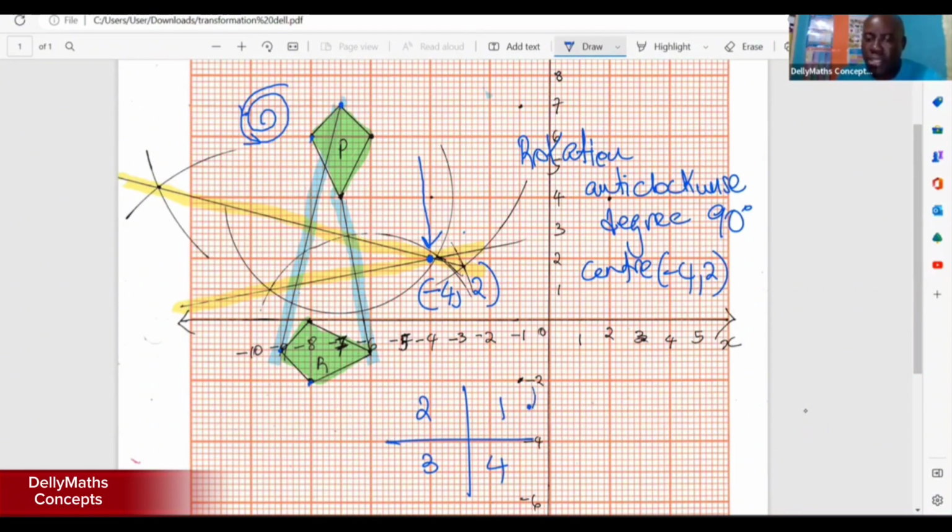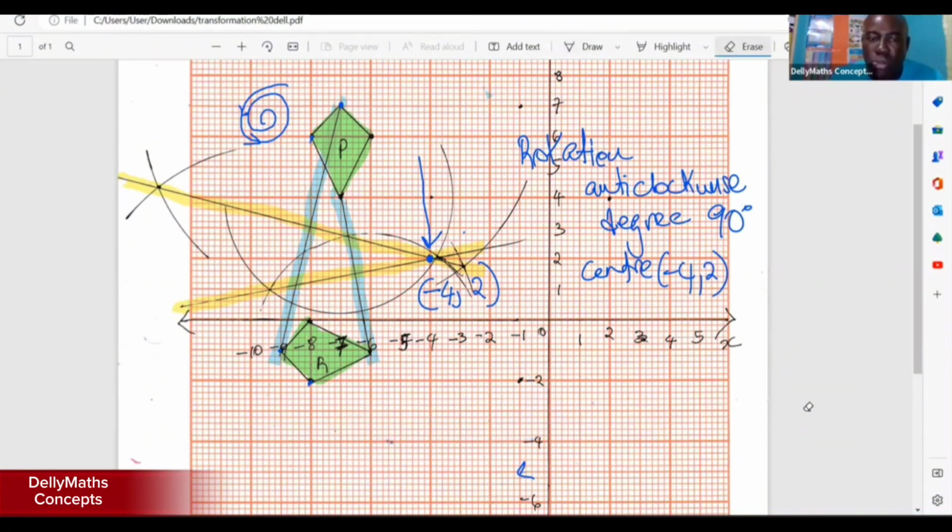If I'm rotating in the other direction 90, it goes here. If you're in quadrant 2 and you rotate 90 degrees anti-clockwise, you're expected to be in quadrant 3, and you're seeing it in quadrant 3. So that's one of the things you could quickly look at to know the 90 degrees.